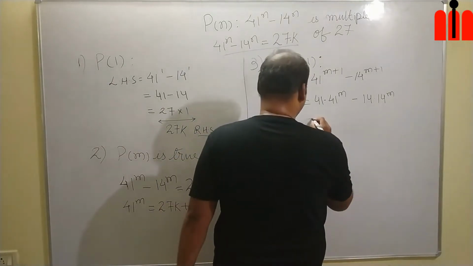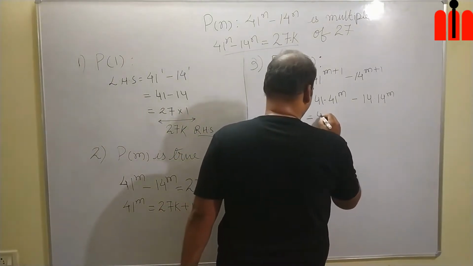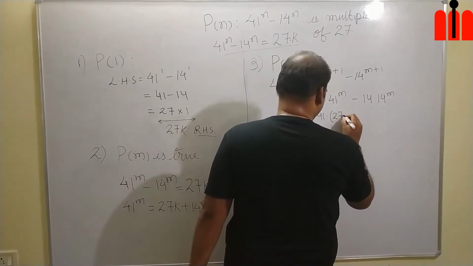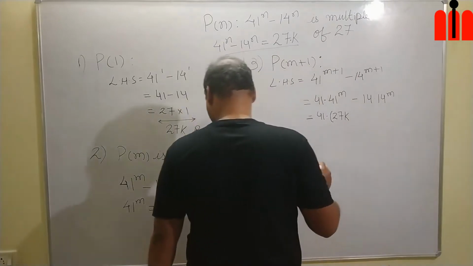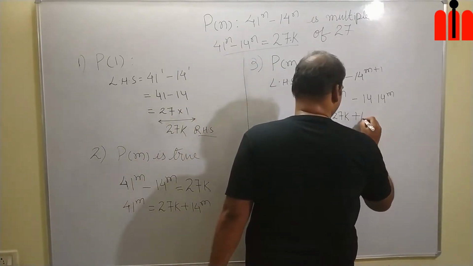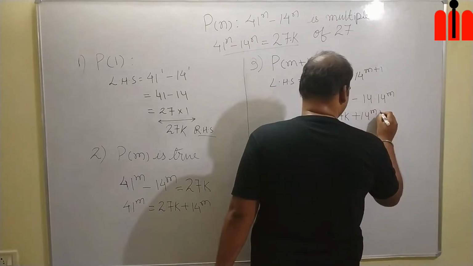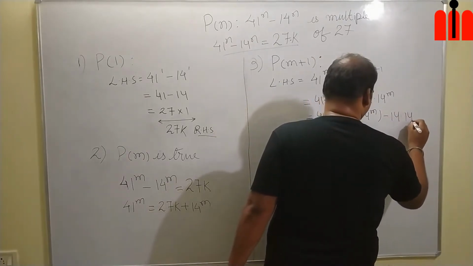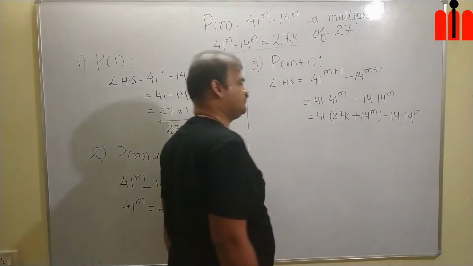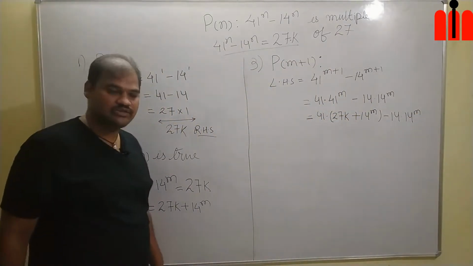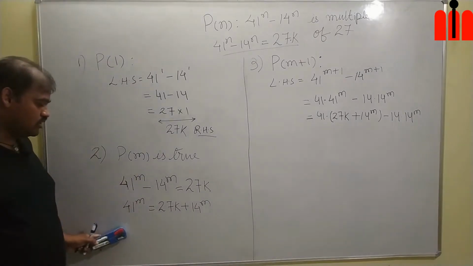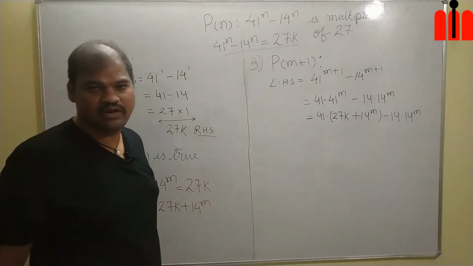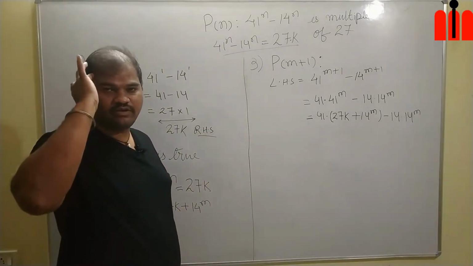So I will write it down as 41 into 27k plus 14 to the power of m minus 14 into 14 to the power of m. Understood what I had done? From the concrete statement, I had taken the 41 to the power of m and substituted it over there. This is what I had done for this problem.